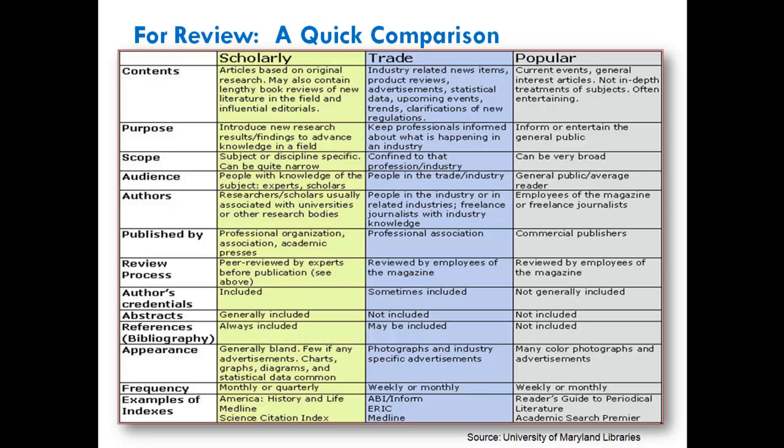For scholarly articles, the purpose is to introduce new research results and findings to advance knowledge in a field, whereas for trade and popular sources, the goal is to inform or to entertain. Also notice the difference in references. With scholarly journals, the references are always included, whereas with trade, they may be included, and in popular sources, rarely, if ever, are they included.